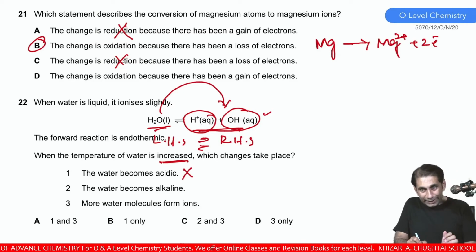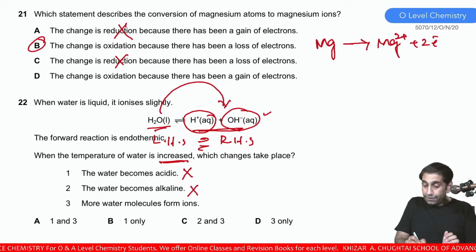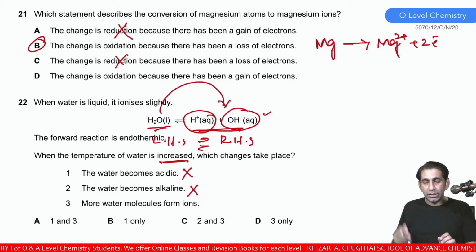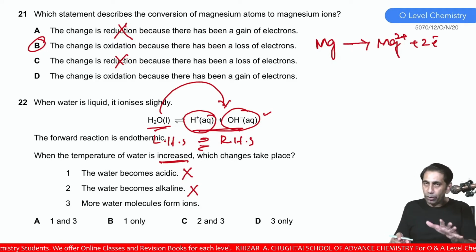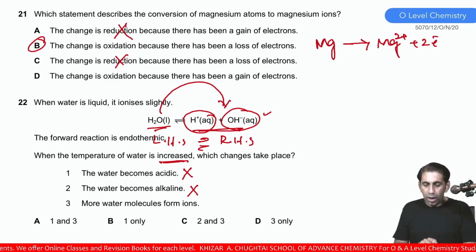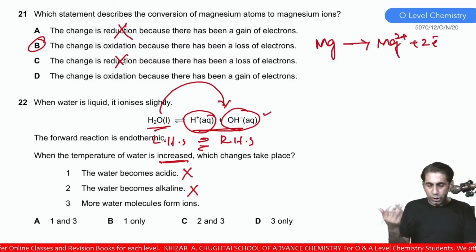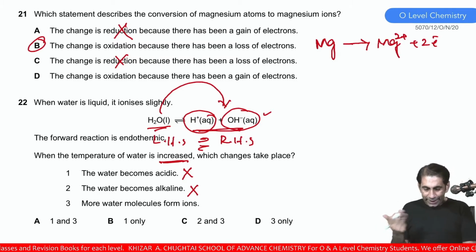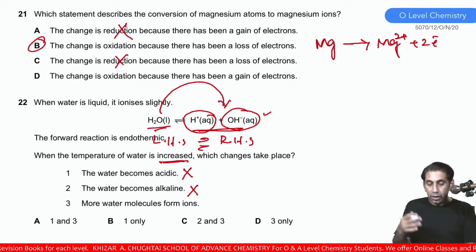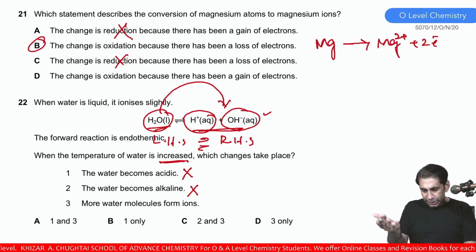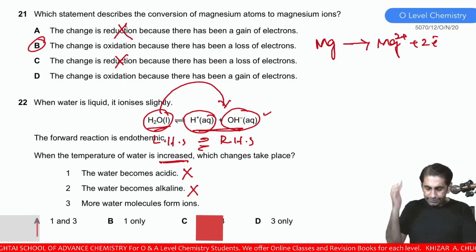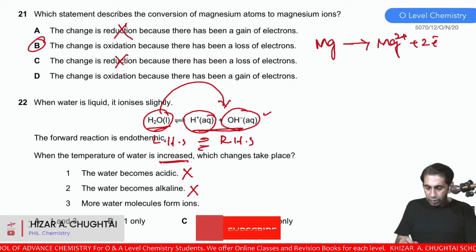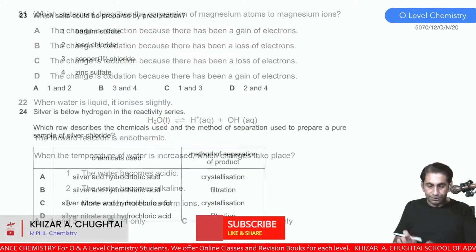It will not be acidic and it will not be alkaline, because the moles of OH- and H+ ions will remain the same. So the first and second options are incorrect. More water molecules form ions? Yes, molecules will change into ions. That is true, equilibrium is going to shift towards the right hand side. So 3 only, I mean D, is the correct option.